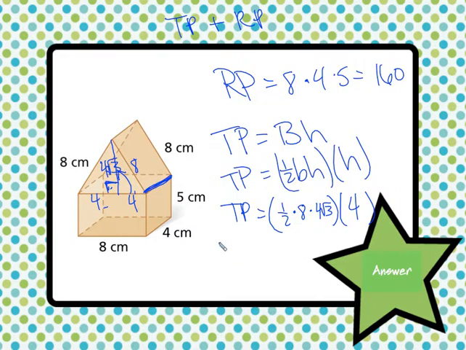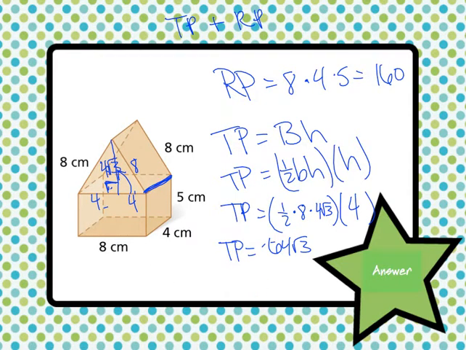So I'm going to multiply as much of this as I can. 1/2 times 8 is 4. 4 times 4 is 16. 16 times 4 is 64, I believe. Let me just check that. Yes. And so we have 64 radical 3 for the triangular prism. Now I know it said to round it, but I don't want to round it till the end.